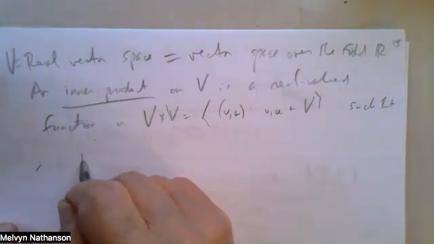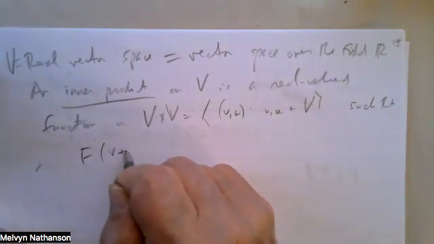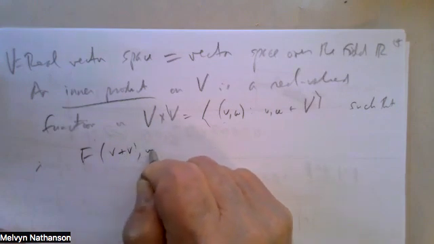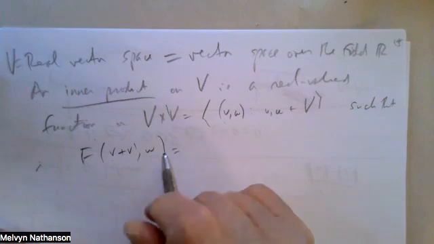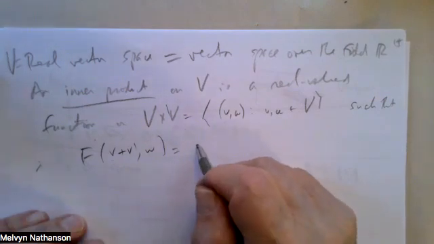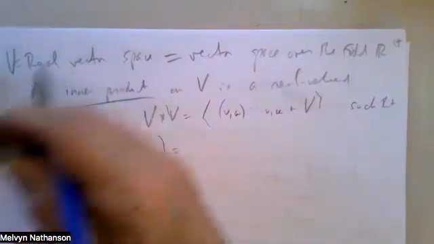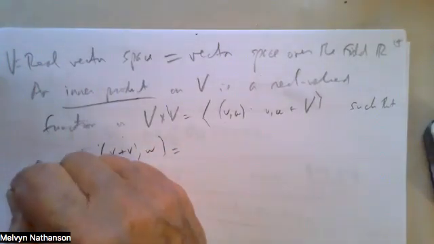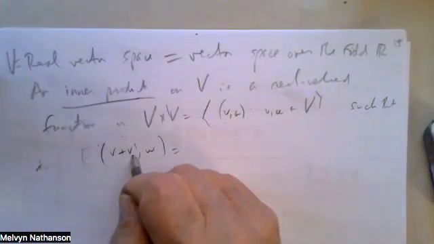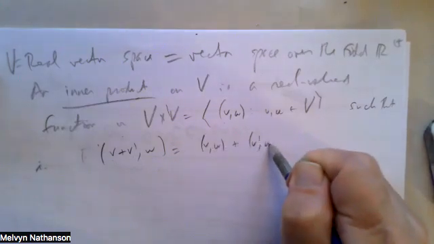So the first is, if the first argument is a sum of two vectors, v plus v prime comma w, maybe I'll just not even use f, it's just a function, but I'll just denote the function by these parentheses around it. So (v plus v prime, w) is (v, w) plus (v prime, w).